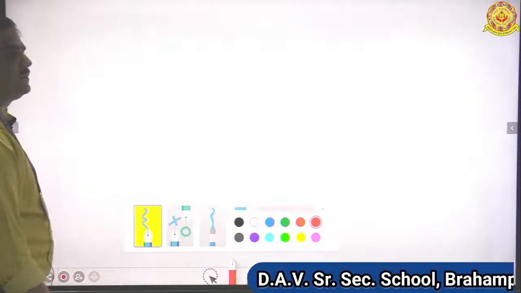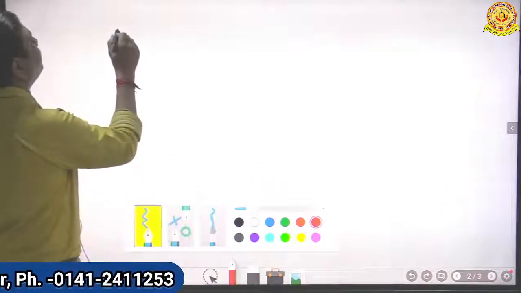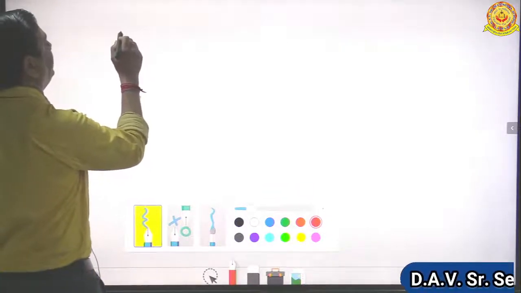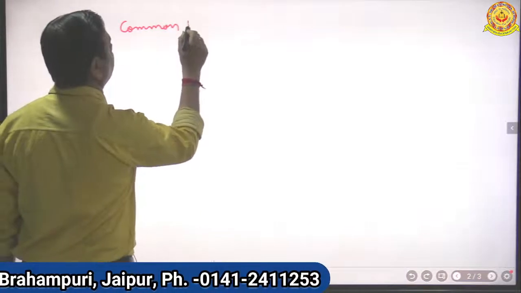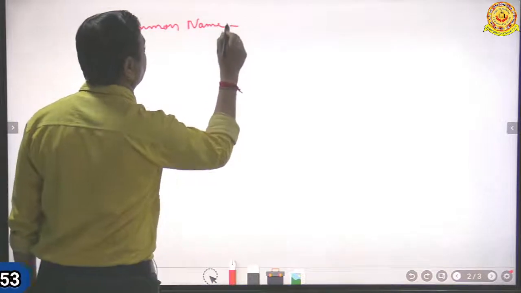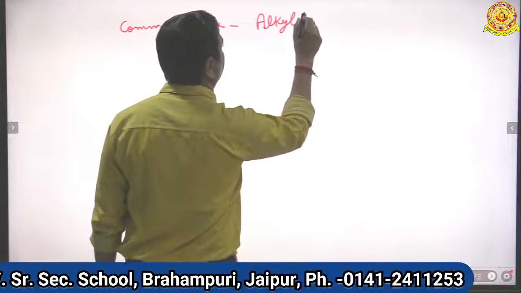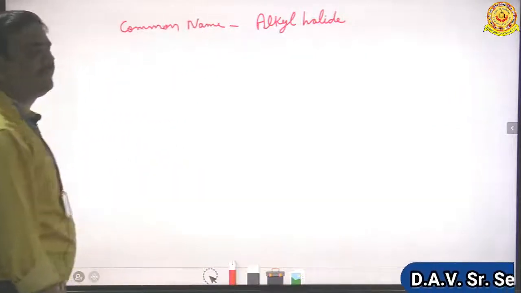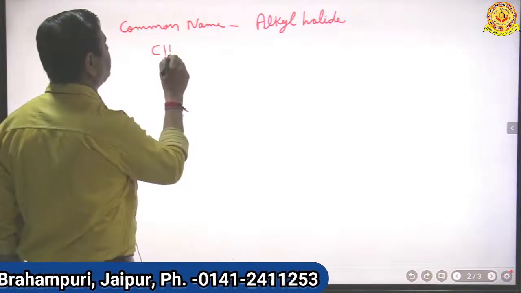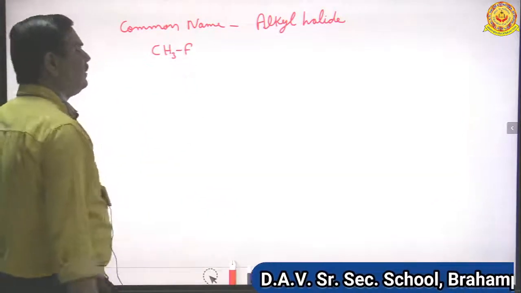Now we will discuss if more than one halogen is present in one compound, and also we will discuss their common names. In the common system, they are named as alkyl halide. For example, the first example: in the IUPAC system it is fluoromethane.